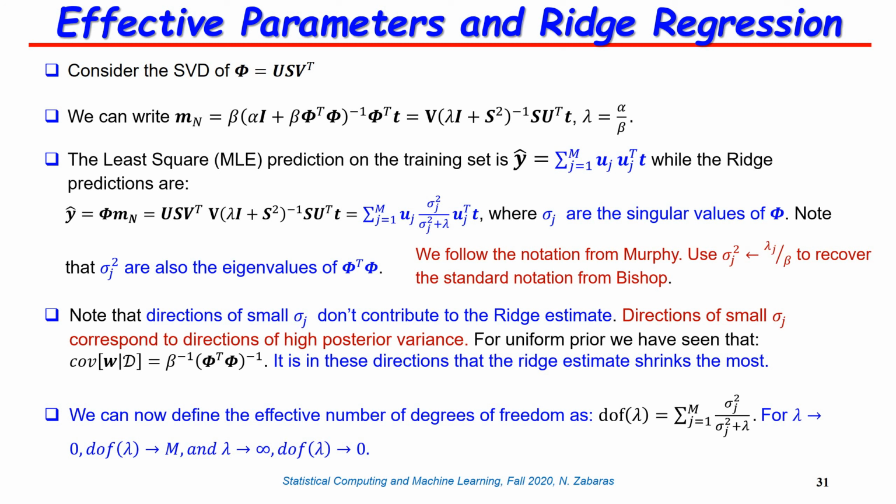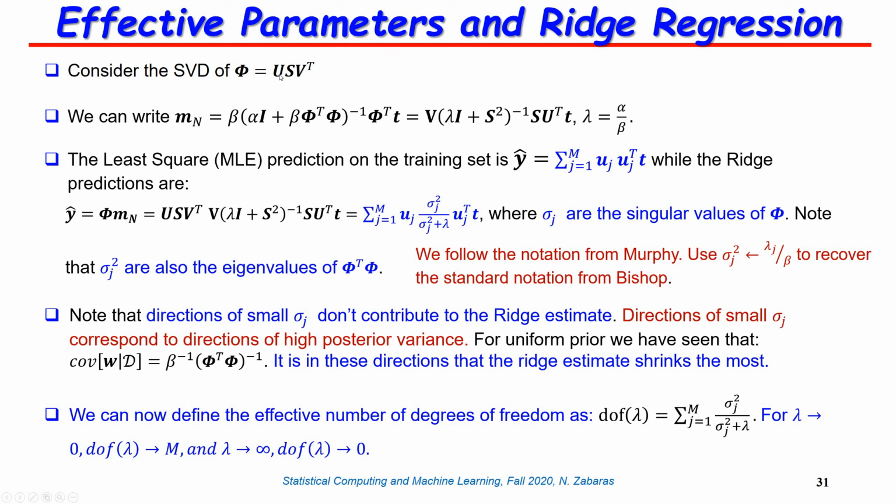Now, somewhere in an earlier lecture, I have given you a geometric interpretation of the least squares prediction. The least squares prediction is, we have these target values t of my training data, and we take the projection of those onto the eigenvectors uj.